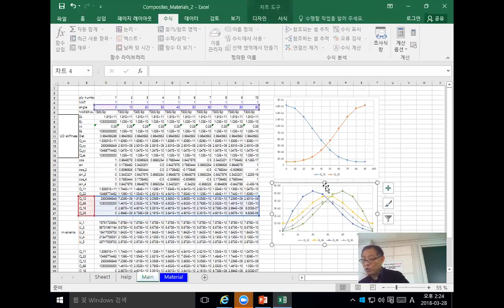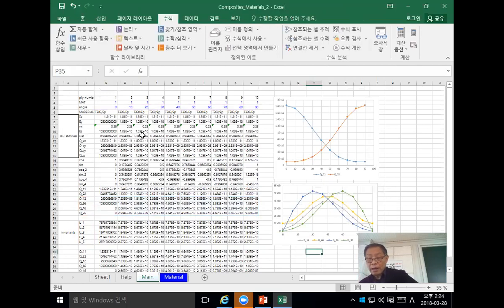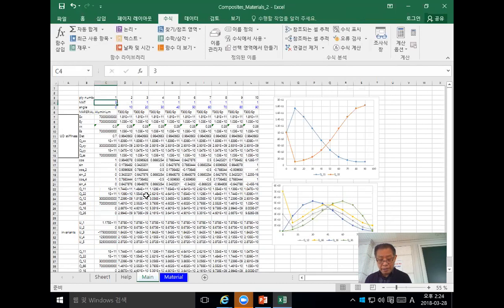Again, these are Q11, Q22, and other terms, variations. Now we select aluminum by selecting number 3, right? Number 3. So we just copy and imagine what will happen to this stiffness.